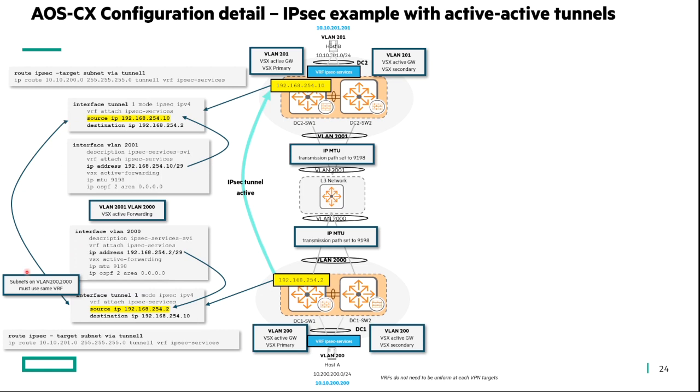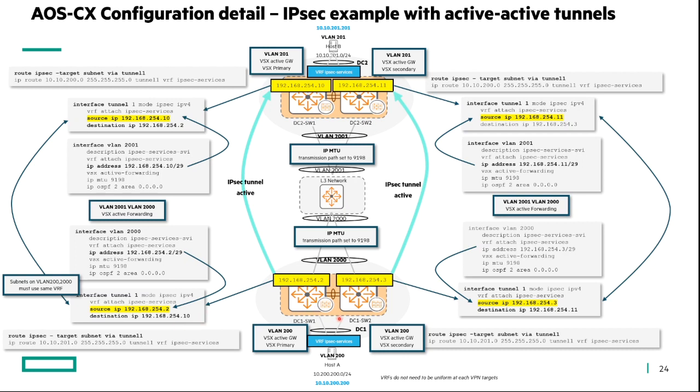And of course, you can use the same VRF or a different VRF with local significance. So the same policy methodology applies to DC2 as well. For VLAN 2001 and VLAN 201, they must use the same VRF, which of course can be different to the target destination host VRF.